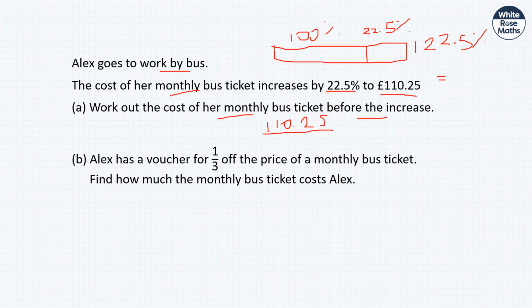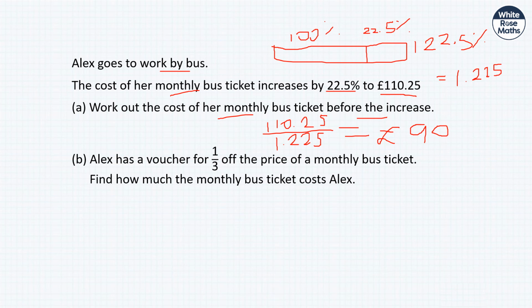As a decimal, that's going to be 1.225. So dividing this by 1.225 will give you the cost of a ticket before the increase, which is £90. So it used to cost her £90 before this percentage increase.